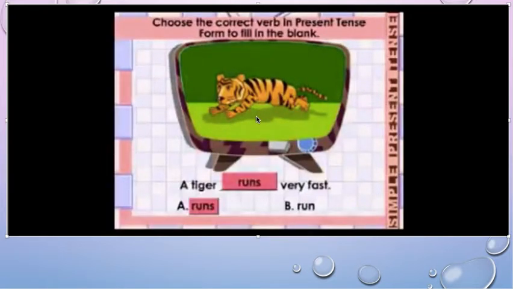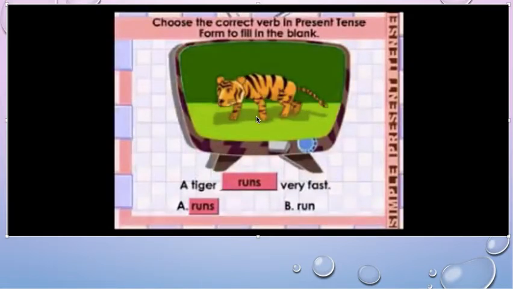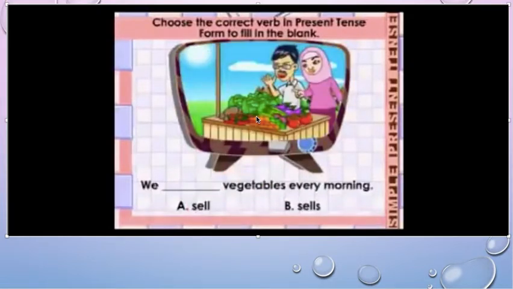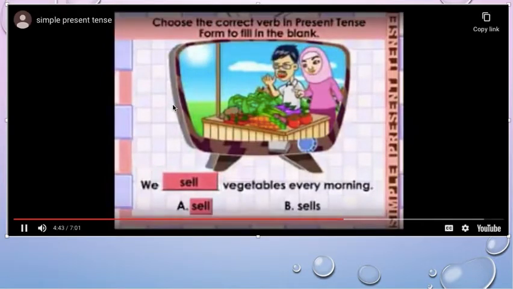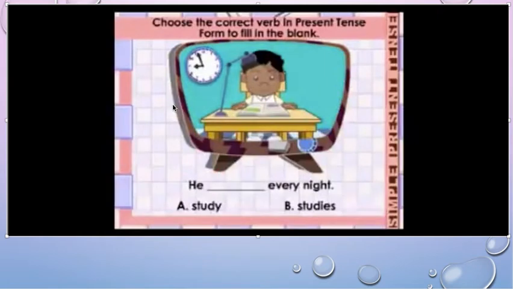A tiger runs very fast. We sell vegetables every morning. He studies every night.